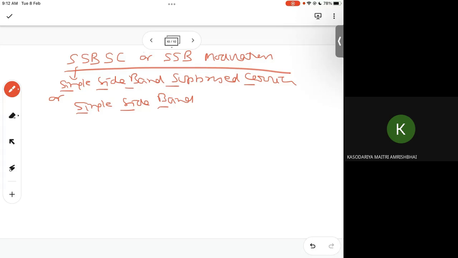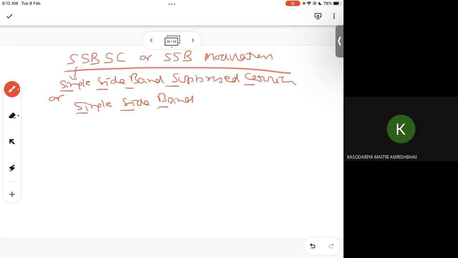In the previous case, the carrier was not having any message signal, but a lot of power is getting wasted. But the same message is contained in the two side frequencies. If I suppress one of the sidebands also, either lower sideband or upper sideband, I get the same thing. Still, I am getting the same advantage that my message is getting transmitted.